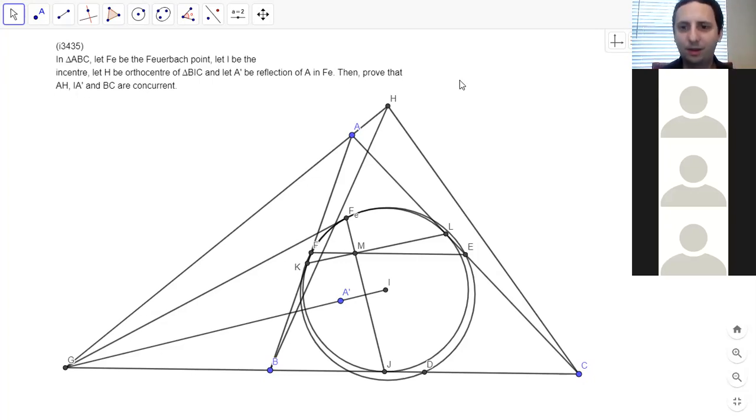Okay. Let's see, Serdar has it saying something else. AH is the polar of, so EF intersect AKL.